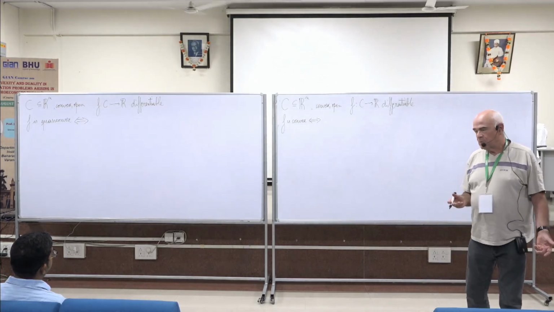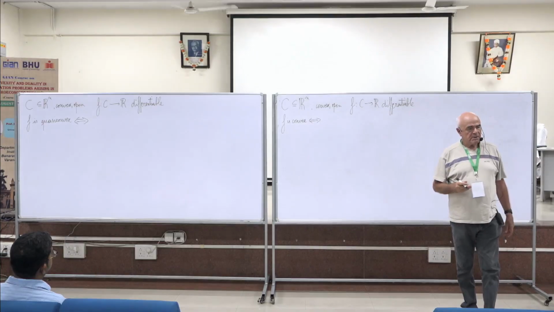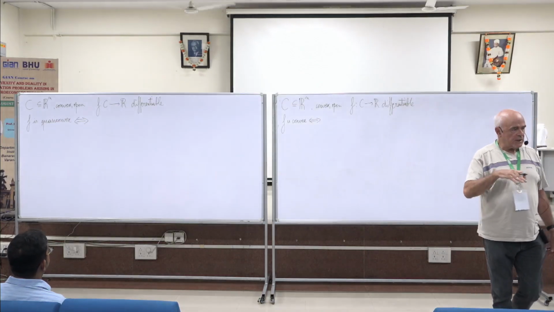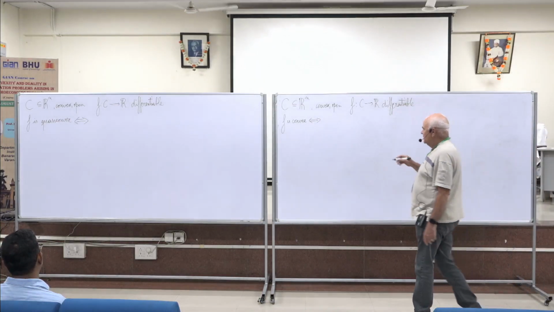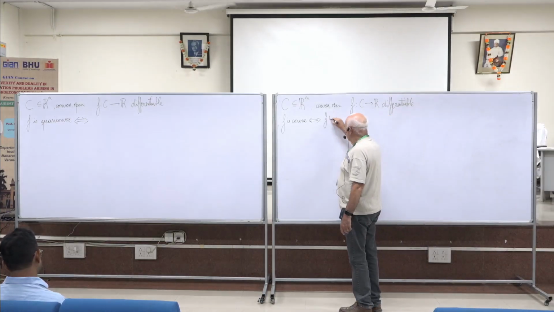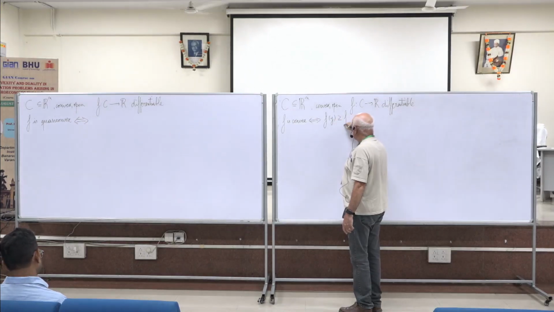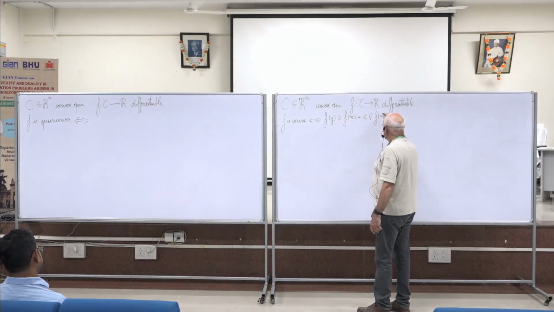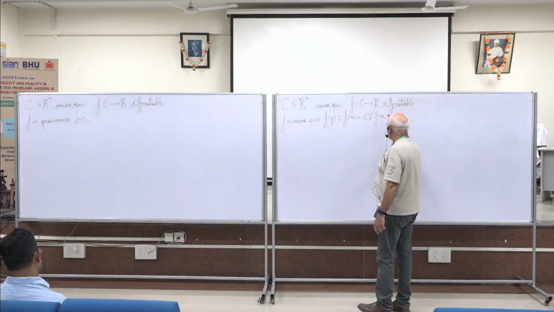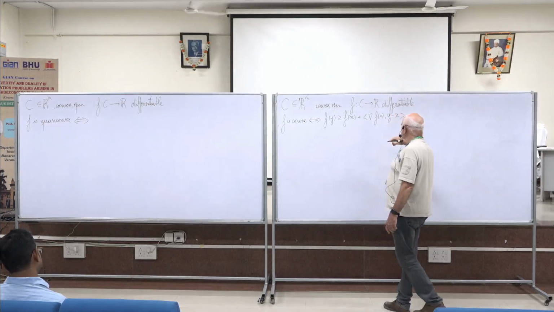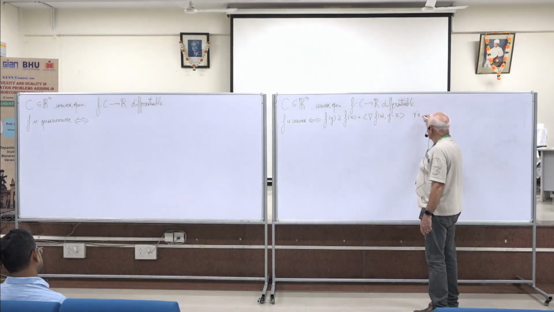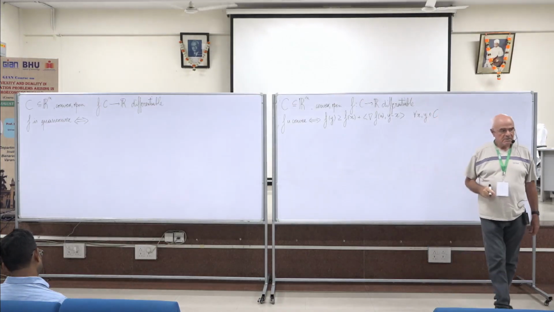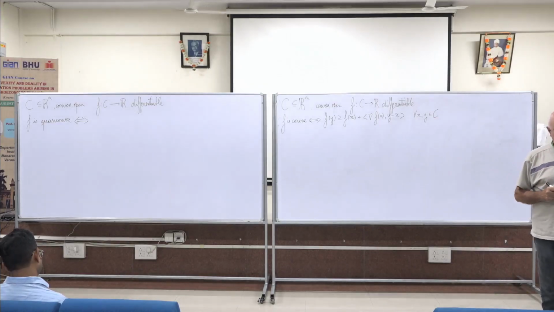As probably you all know, the condition is that the graph of the function is above the graph of every hyperplane tangent to the graph, which means that f of y is greater than or equal to f of x plus the gradient of f at x times y minus x for every x, y in C.